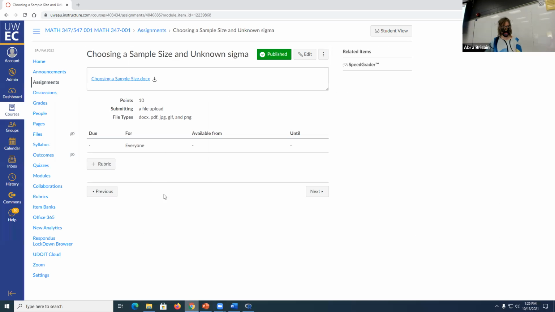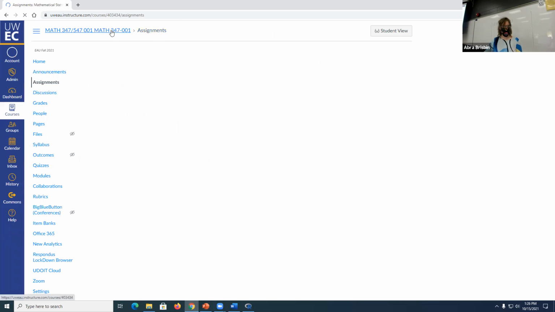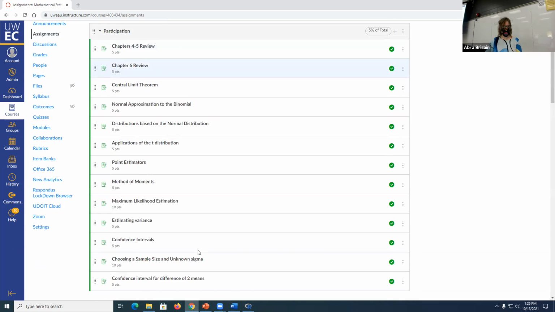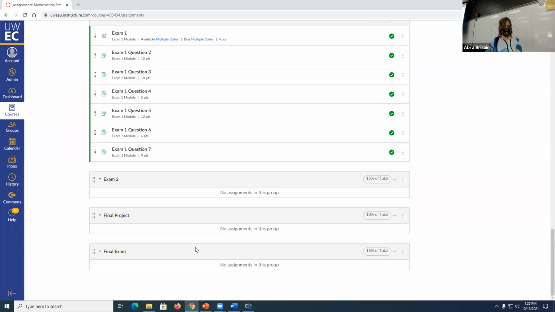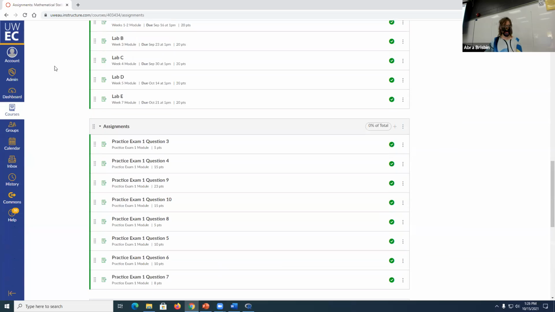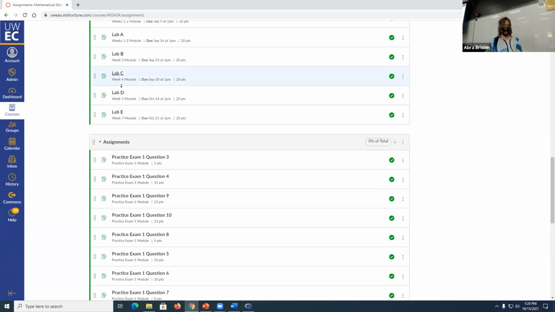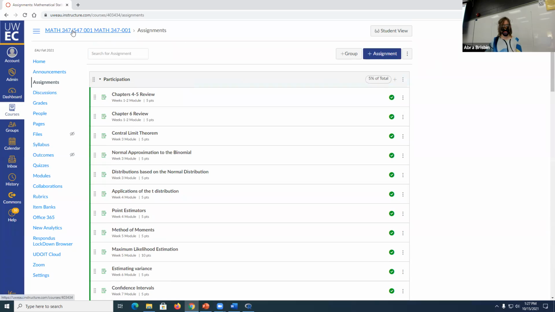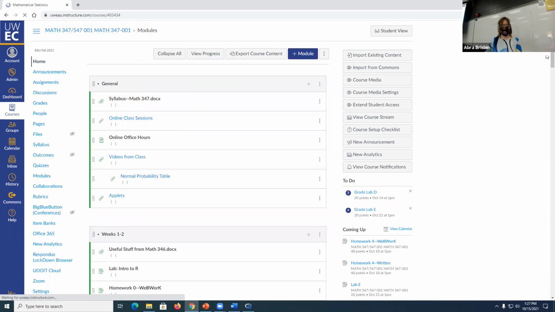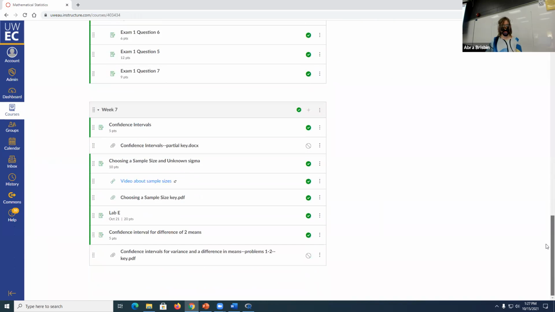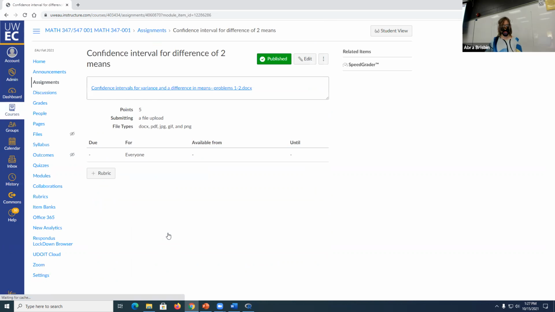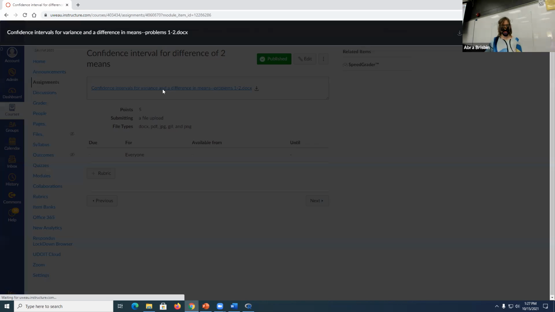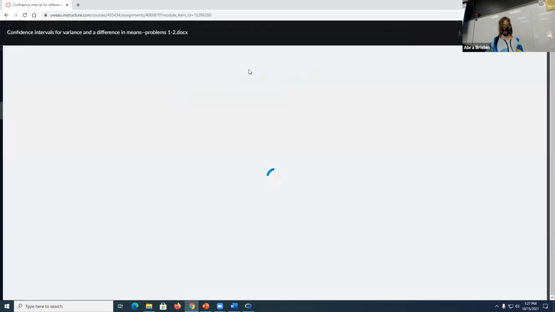So for folks online, this is the confidence interval for a difference in means problem.